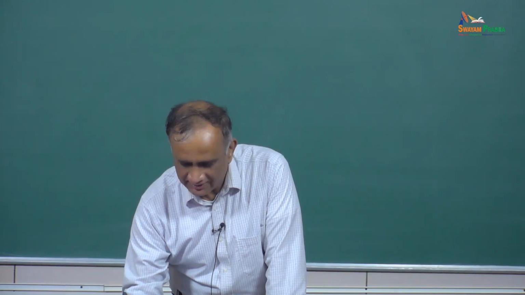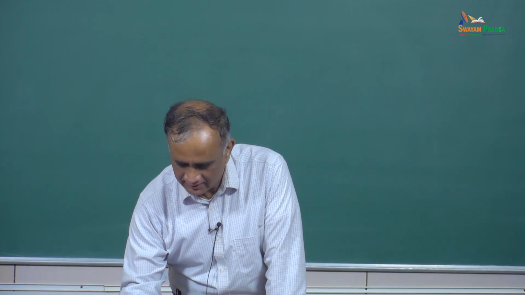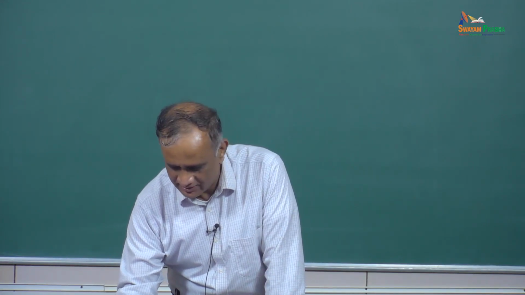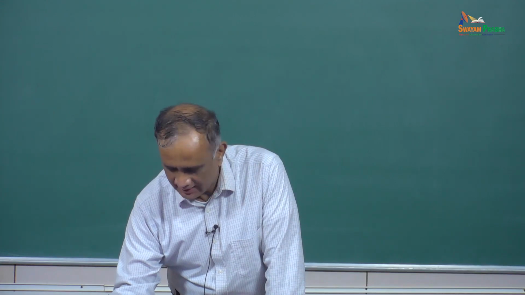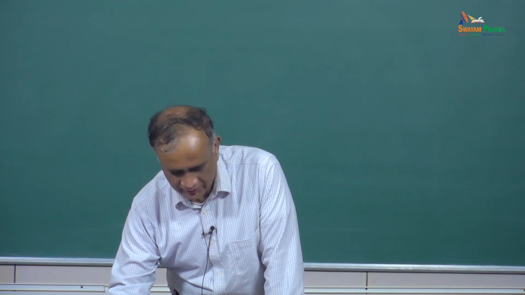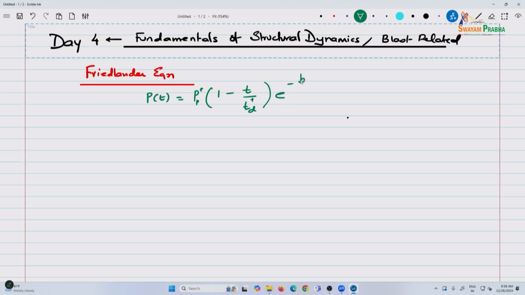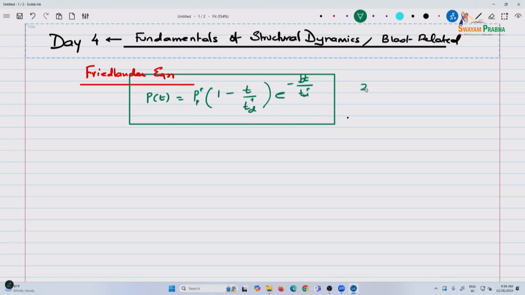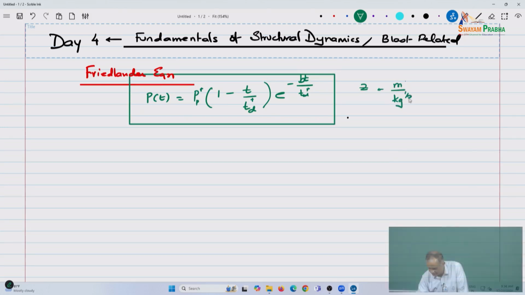So if you look at the Friedlander equation, it's given as P of t, the positive pressure, is P naught times (1 minus t over the positive duration t d plus) times e power minus b t divided by t d plus. For an expression like this, Z is in meters, in SI system units, and the range of applicability is from 0.1 to 10.